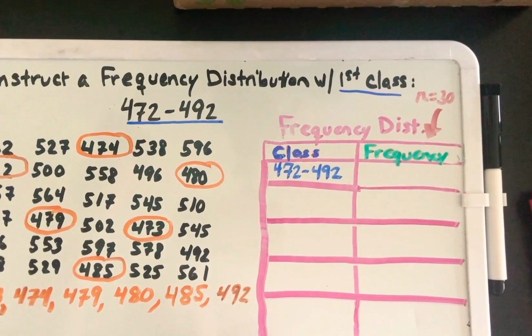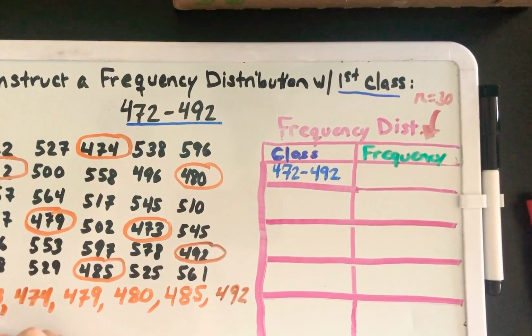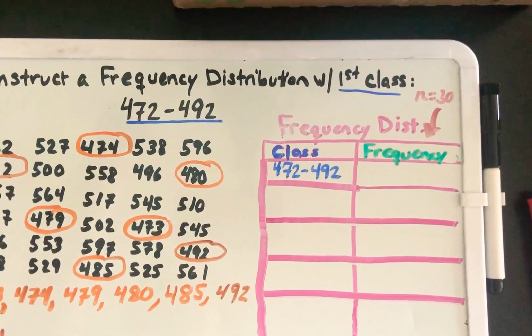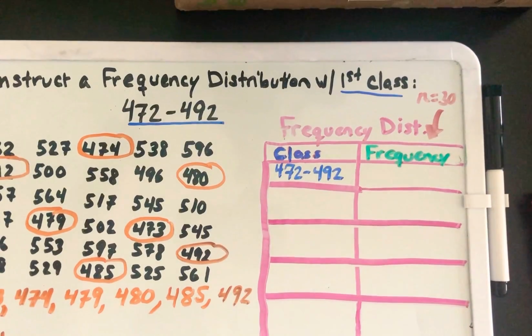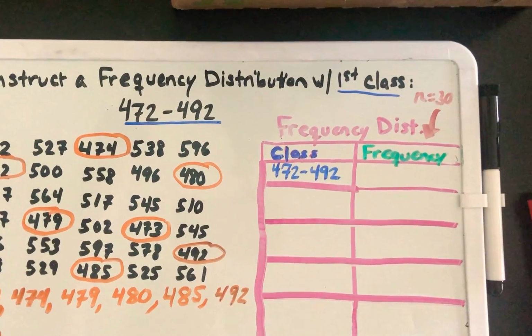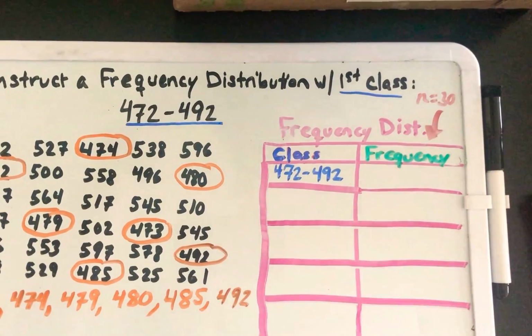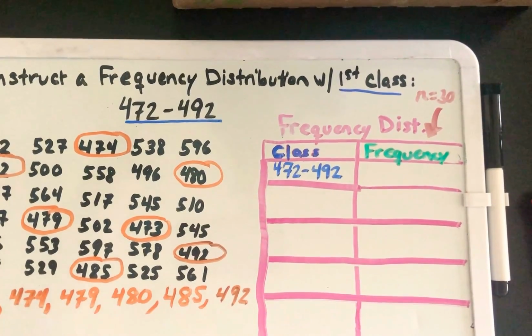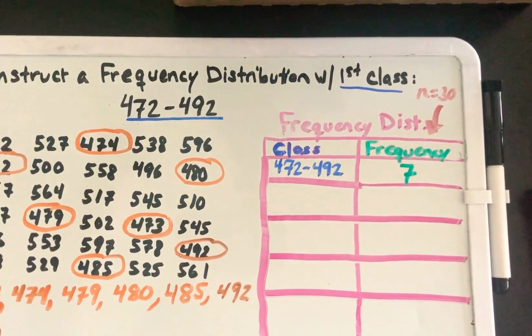Do you see it? 492, yep, right here. So those would be all the values in that first class, 472 to 492. As far as the frequency is concerned, how many items are in that class? It looks like 1, 2, 3, 4, 5, 6, 7 items. So that would be the frequency of that class.